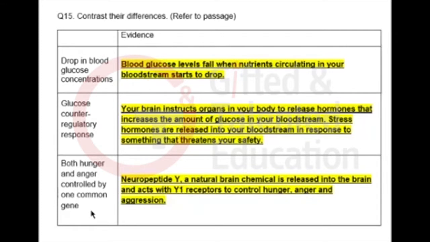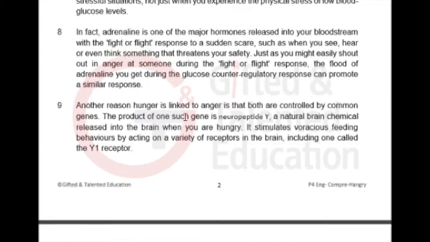And lastly, last but not least, both hunger and anger are controlled by one common gene. And that is true. We find this evidence in paragraph 9. Remember neuropeptide Y, a natural brain chemical released into the brain when you're hungry?